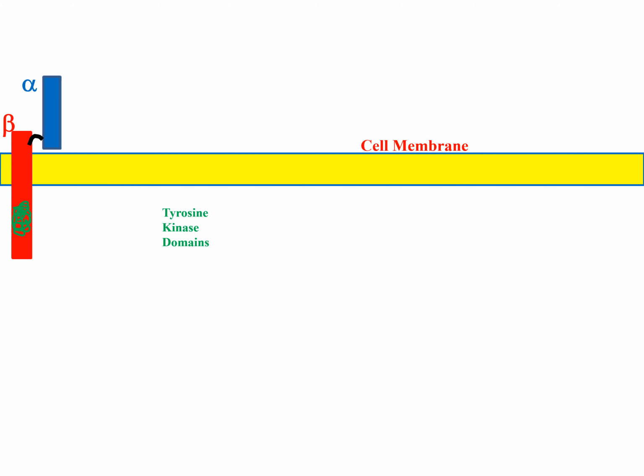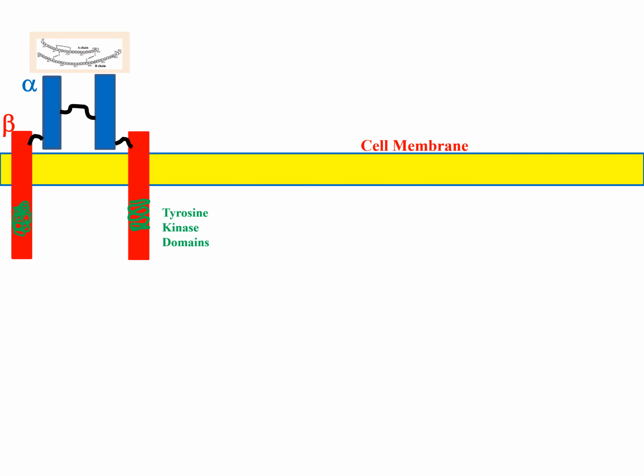Now, this molecule, which is composed of an alpha and beta joined with a disulfide bond to another molecule composed again of the same alpha and beta subunits, is a homodimer that produces the insulin receptor.